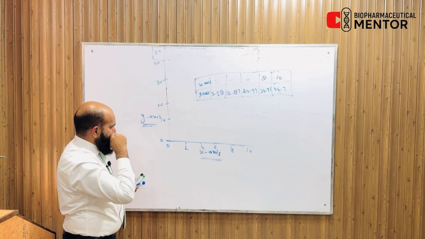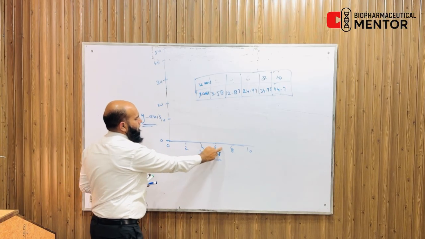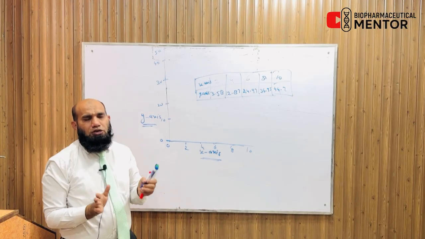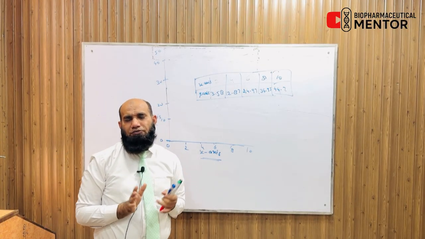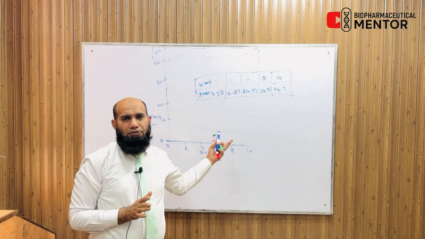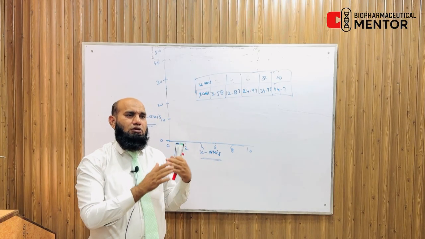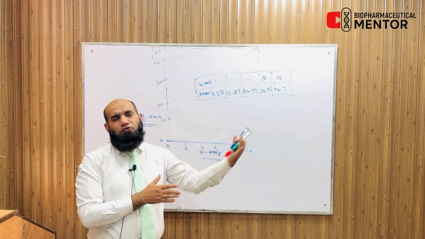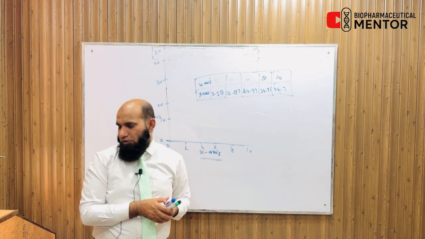Now can we check the boxes? 1, 2, 3, 4, 5 and 1, 2, 3, 4, 5. So we are making a linearity by taking these steps, with 5 big boxes on the x-axis and the same 5 big boxes on the y-axis.